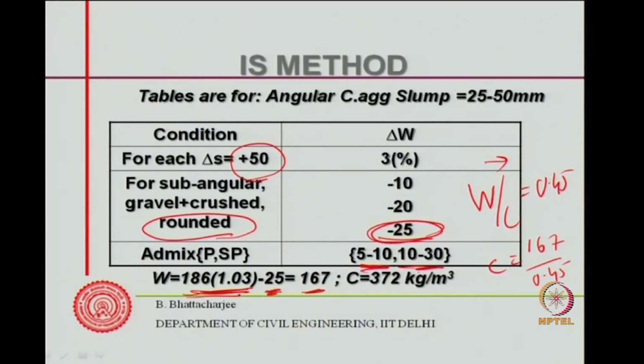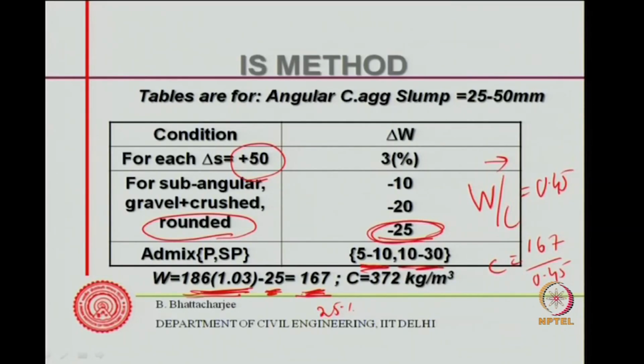Let us say if I decide to use superplasticizer, I can reduce my water by 25%, which means my water will be simply 75% of this. At the moment in this example I am not considering superplasticizer, but if I intend to use it, I can reduce water by 25% by using an appropriate dosage of compatible superplasticizer.